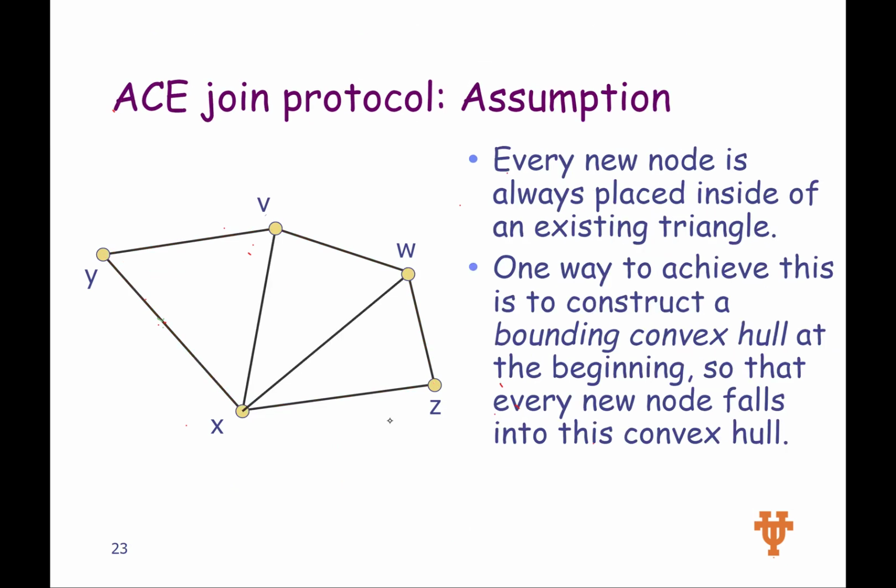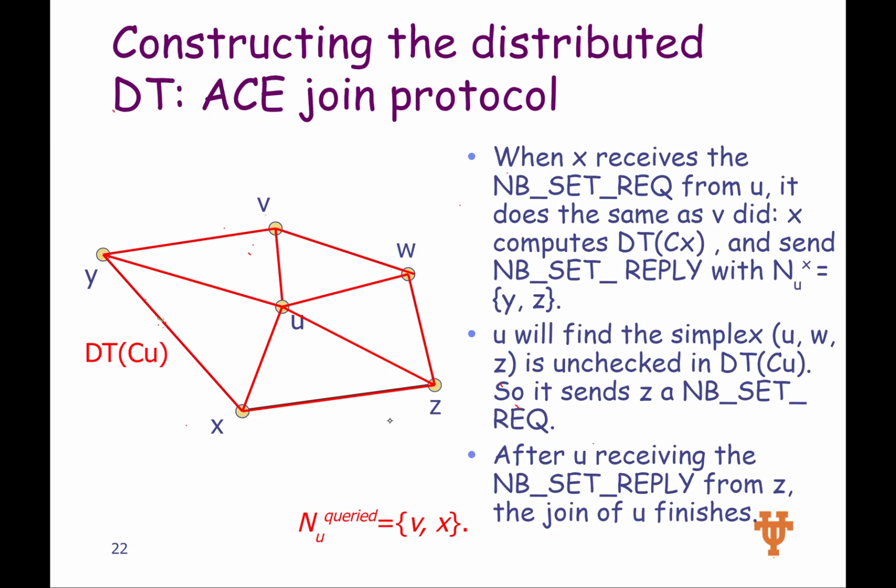So after U receives this neighbor set, it finally learns its final DT neighbor Z. Okay. And U now realizes whether all simplexes in its local DT have been checked. Oh, probably not.